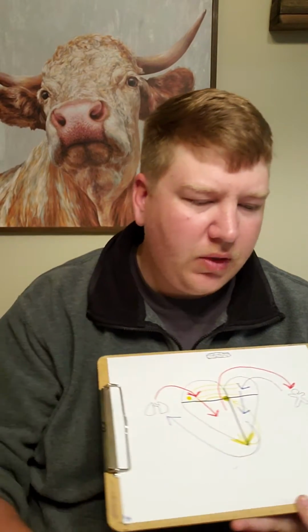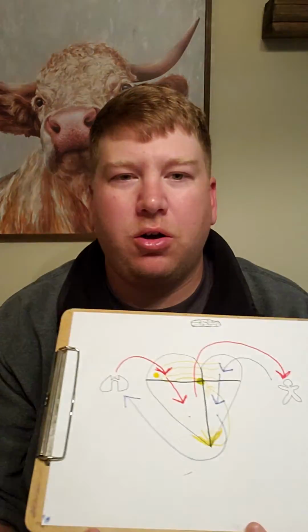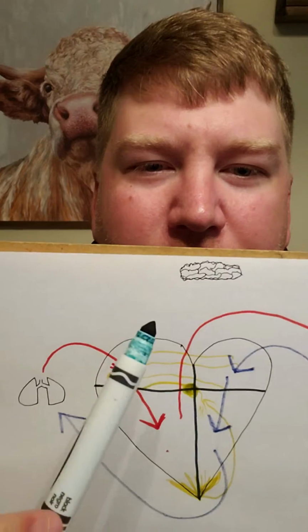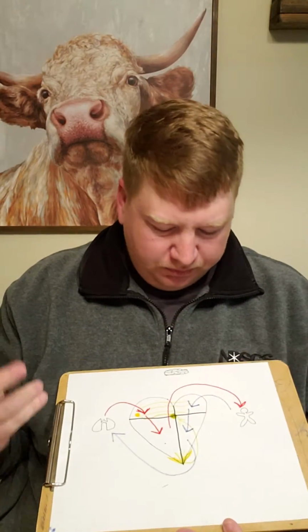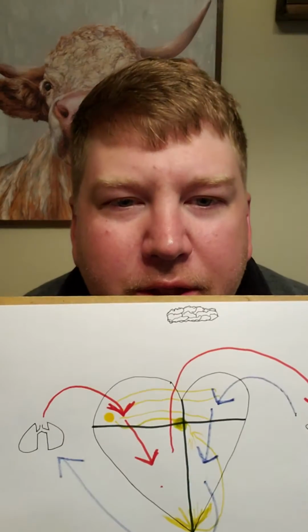So one of the things that controls the heart is going to be your autonomic nervous system. And this is a picture of a brain. I know it's very crude, I'm not a good artist, so this is a picture of your brain. So with the nervous system, you're going to have your sympathetic nervous system.